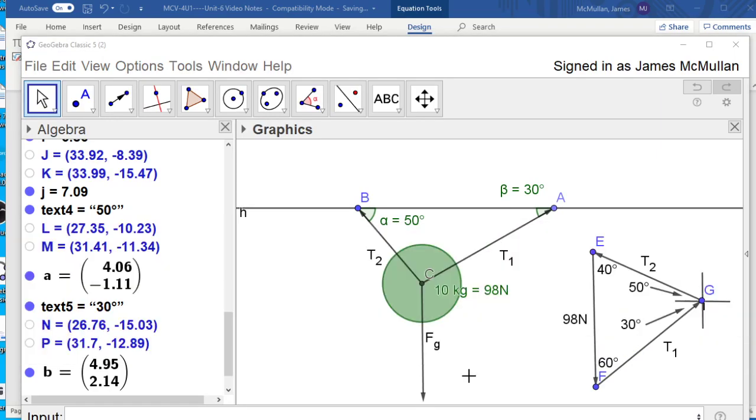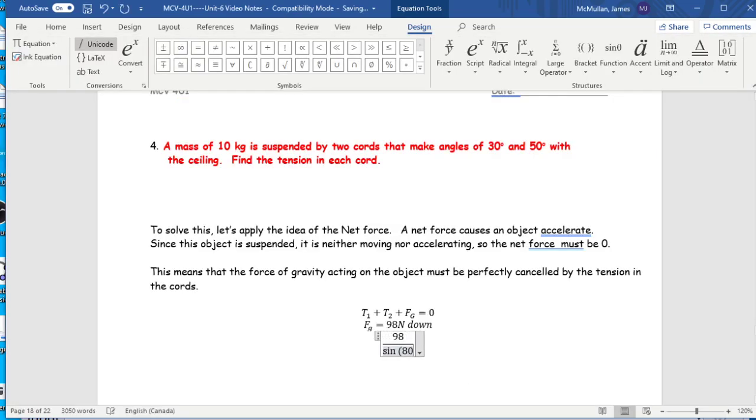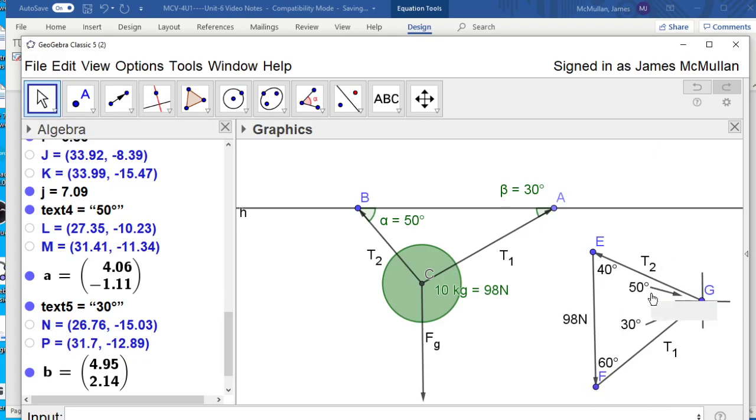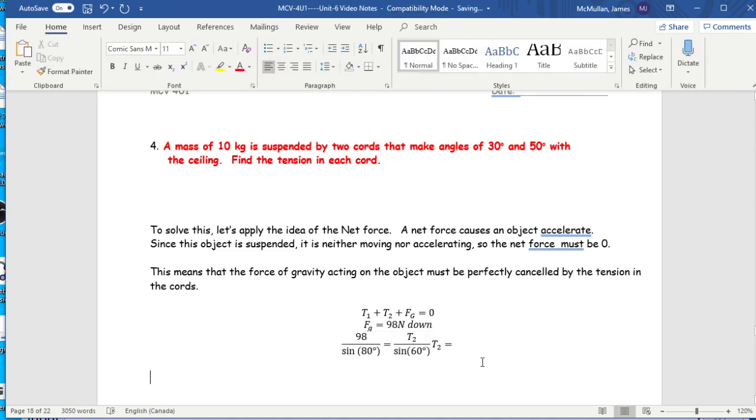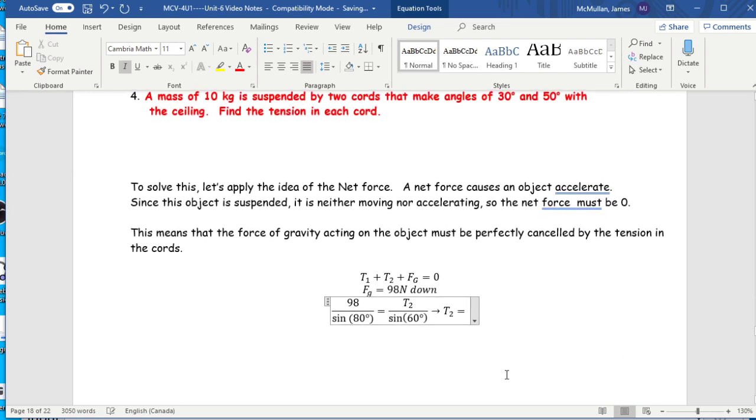So it says 98 over sine 80 is equal to, using my sine law, T2 over sine 60. Therefore T2 is equal to 98 times sine 60 divided by sine 80.